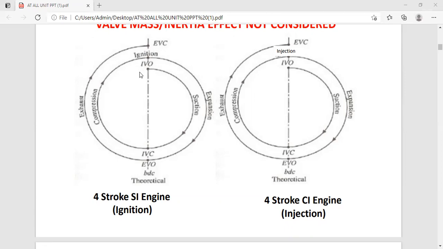So that's why we are placing the opening of the inlet valve 10 degrees before TDC. Next, the exhaust valve. We are saying that the inlet valve opens 10 degrees before TDC and it closes 20 degrees after BDC.